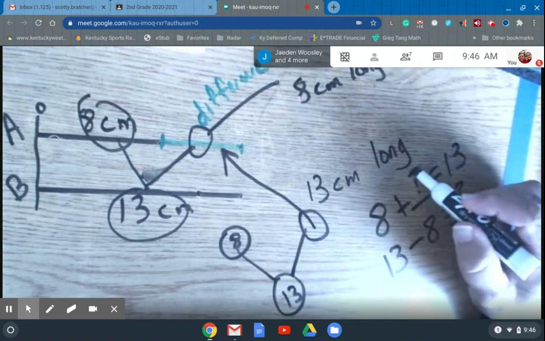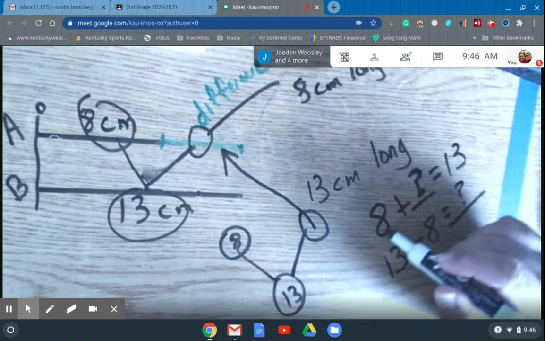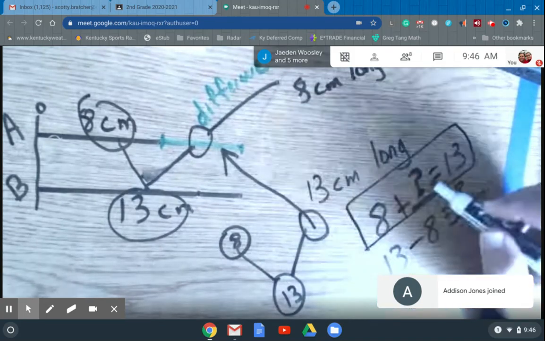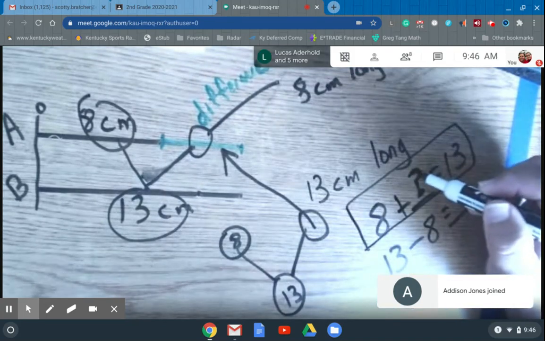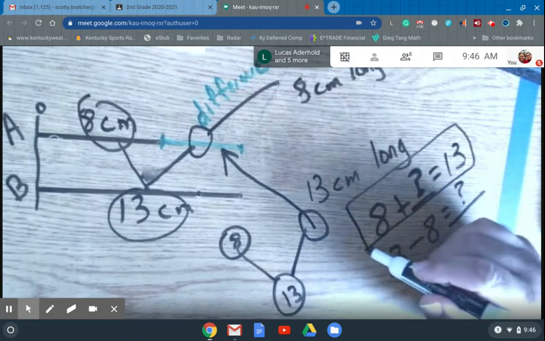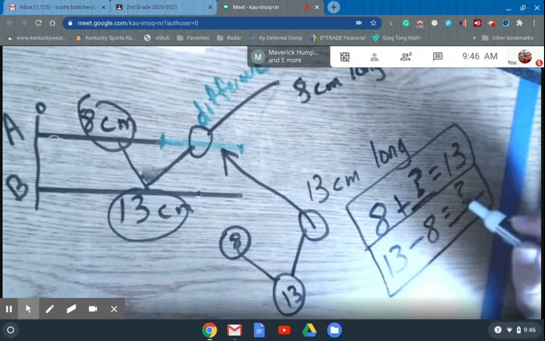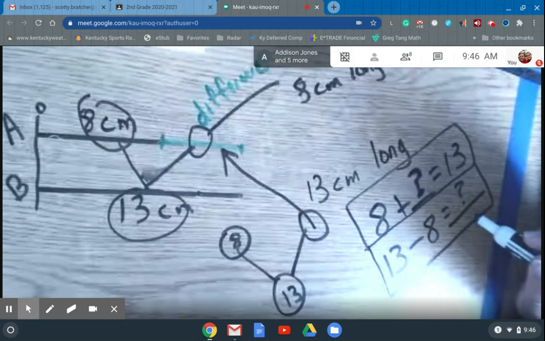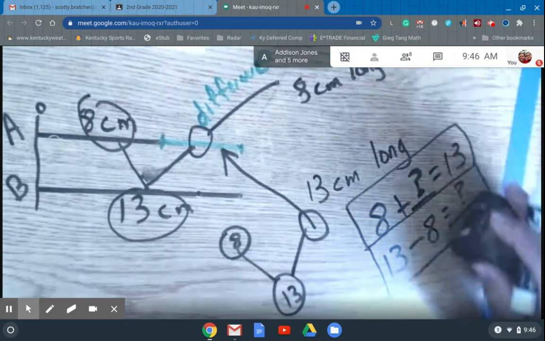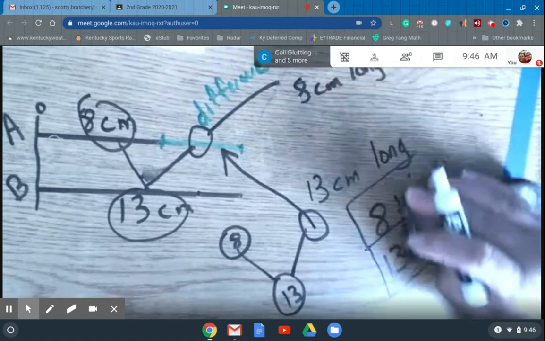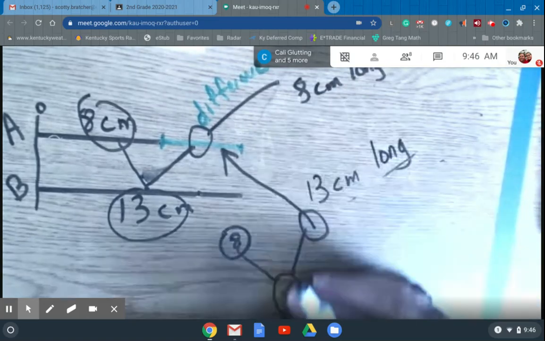So, the part that I don't know in this addition problem is not the answer, it's an add-in. In the subtraction problem, the part I don't know is the answer. And that's called the difference. Okay? And again, I know that's a little bit confusing, or maybe a whole lot confusing. Okay?